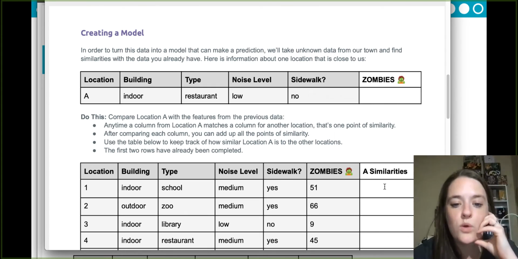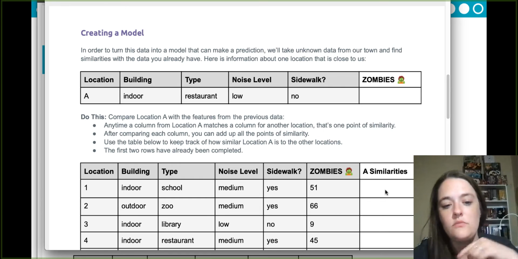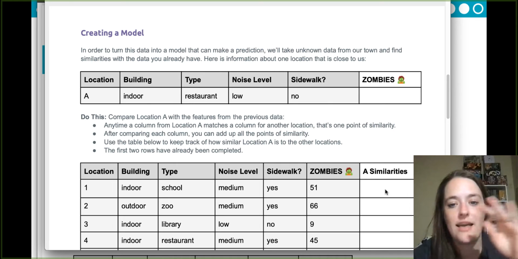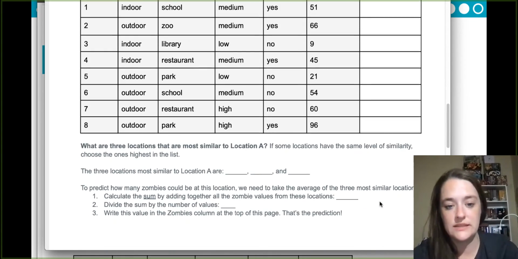So you can put a 1 here and put a 0 here. What does location A have in common with location 1? It's indoor. What does location A have in common with location 2? Nothing. Absolutely nothing. So that's why they got a 0. You're going to keep going down this list, okay?